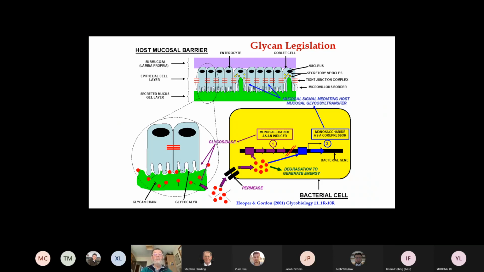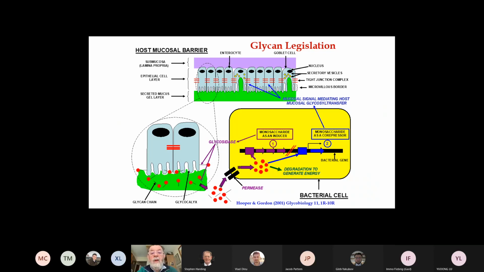Here's a picture to show you what's going on. At the top we see the host mucosal barrier. The purple layer at the top is the lamina propria, beneath the layer of intestinal cells, the epithelial cell layers, and in green you can see the secreted mucus.